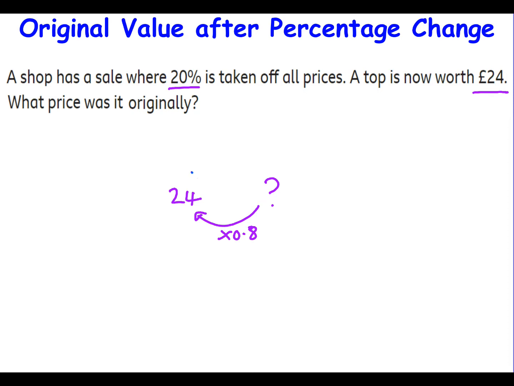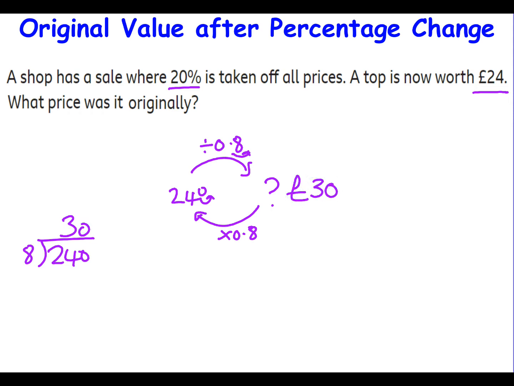So what we need to do to find the original price is divide 24 by 0.8. So going back to dividing by decimals, the way to do this, move the decimal place there one place, and then move the decimal there one place. So the same answer is 8 into 240. So 8 goes into 24 3 times, no remainders. So the original amount was £30.